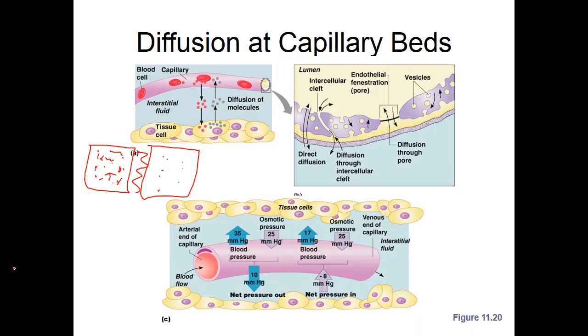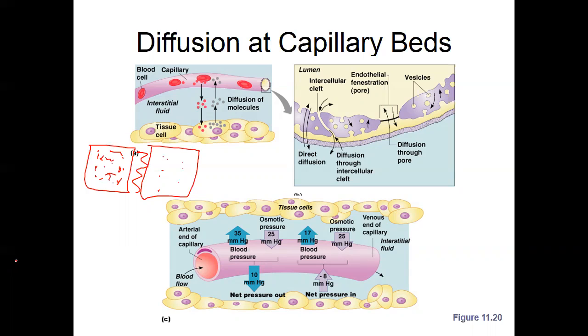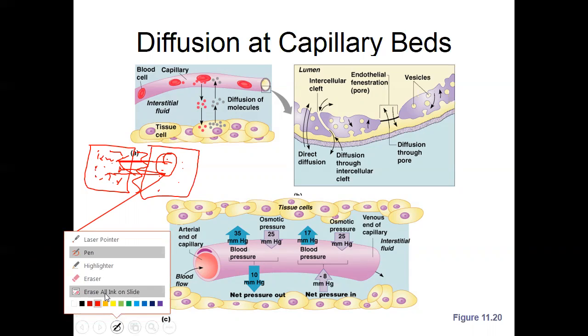I have a higher concentration on this side. It's going to want to diffuse either the solute over here, or it's going to want to have the solution over here, or it's going to want to have more solute over there. So basically, it's going to want to bring fluid from this side over here to make this even out. That's all I mean by diffusion.